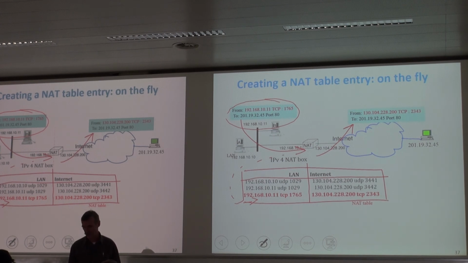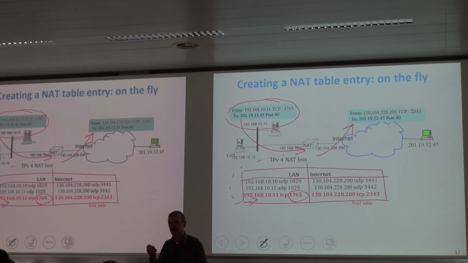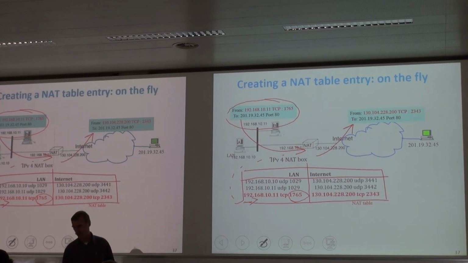So what it will do is create a new table entry where it will remember the TCP port number. Then it will pick a new port number that's available, one that was not already allocated. In this case, 2343. It's a TCP port, not a UDP port. And it will change and pick this value.